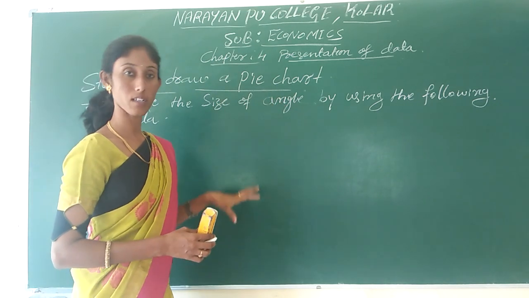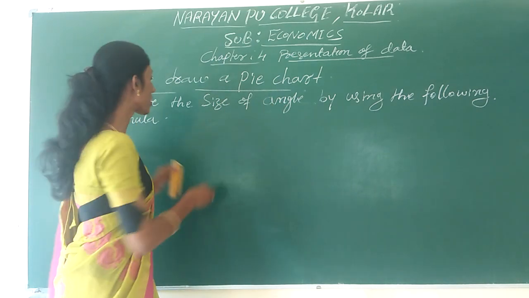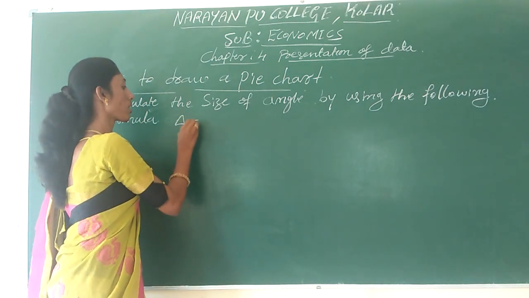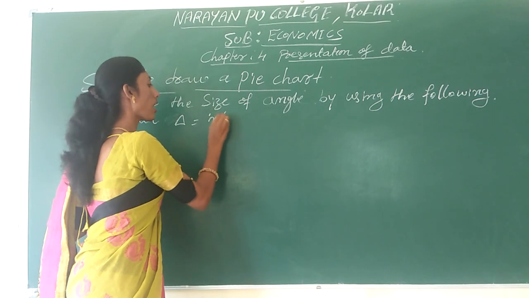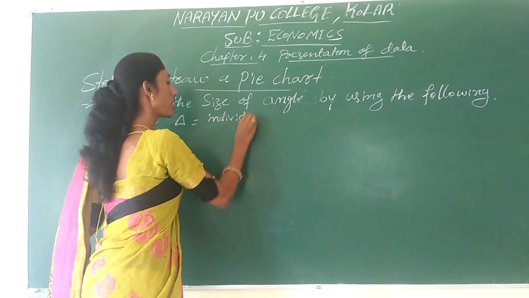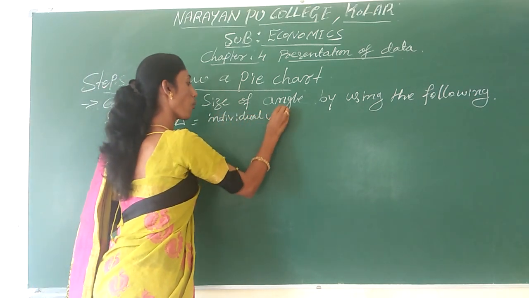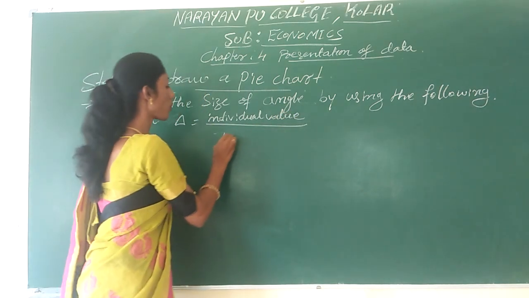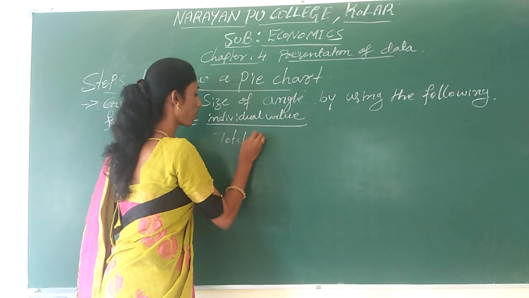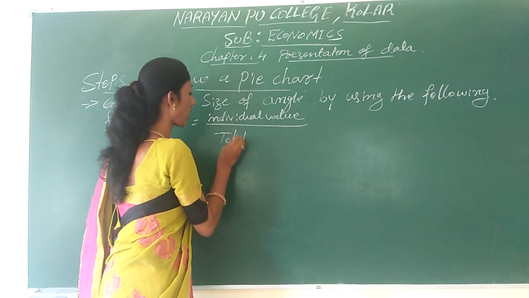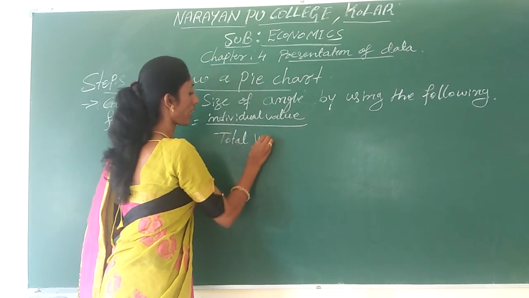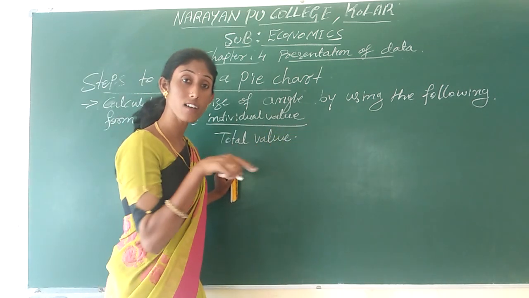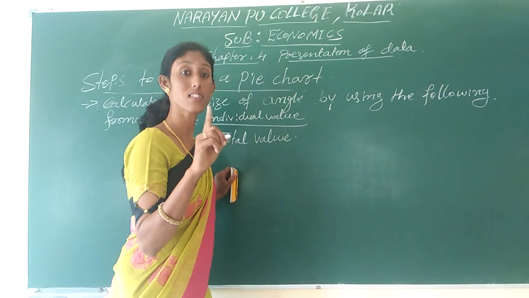What is that formula? The angle formula is the individual value divided by the total value. What is the size of the circle? The circle size is 360.